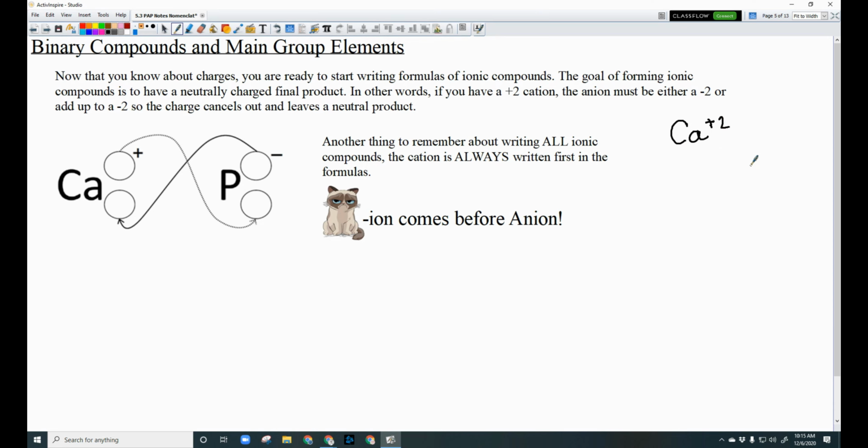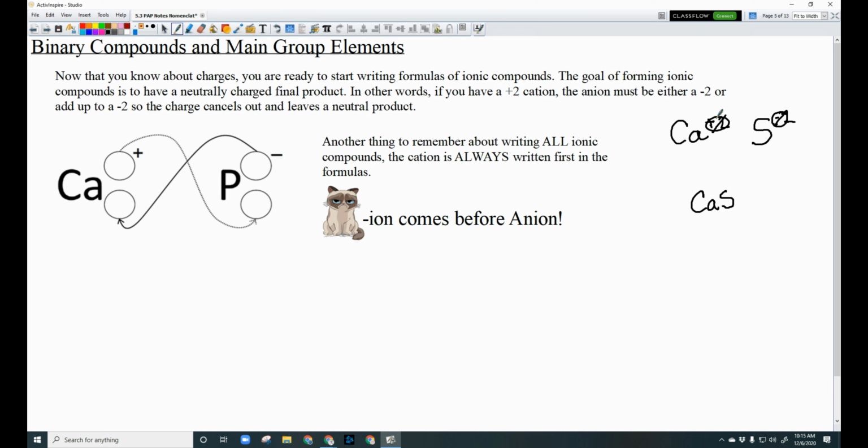Let's say, for example, sulfur. Sulfur here is a -2, so you can just put those two together because this +2 cancels out this -2. So the compound that forms is CaS.